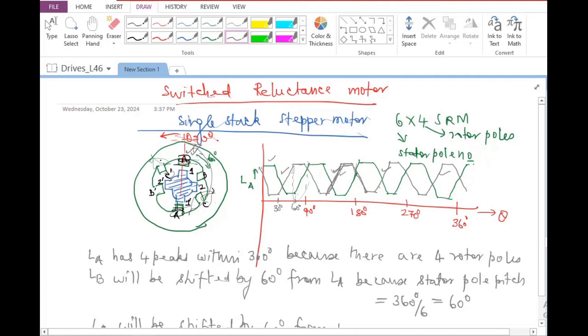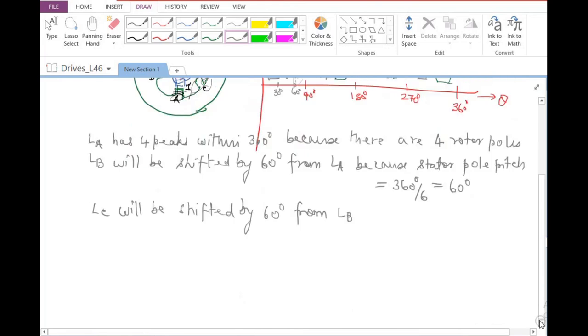So a switch reluctance motor necessarily needs to have a rotor position sensor.